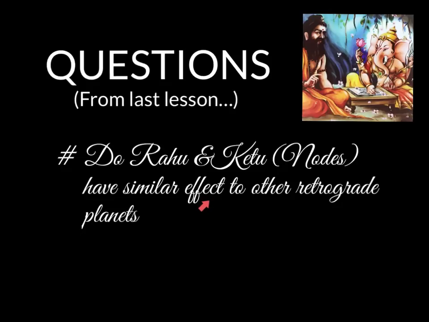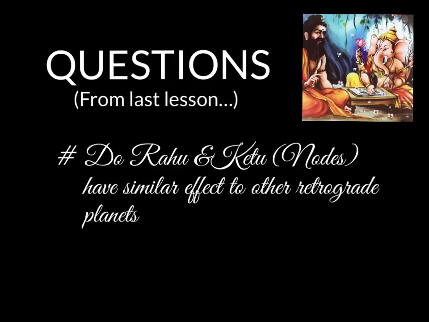If you check the presentation I gave, I showed you very clearly that Rahu Ketu, Sun and the Moon are not included in those retrograde planet effects I was speaking about. Because you see, Rahu Ketu, the nodes are permanently going retrograde. So that's not an issue at all for them.